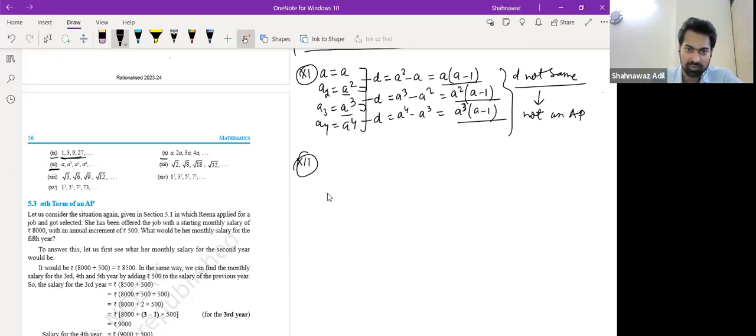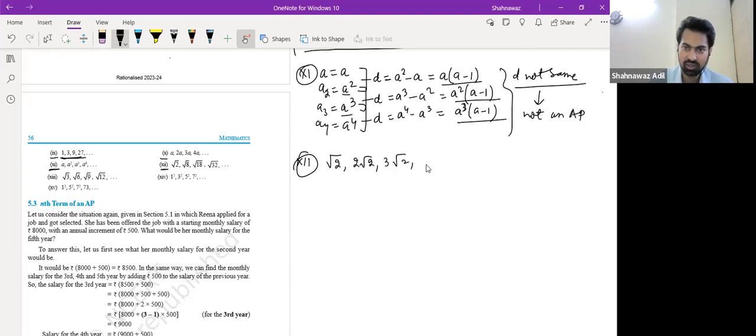Okay, so the 12th one. So this is 2 and this is root 8, so we can write it as 2 root 2. And then this is root 18. So root 18 is how much? 3 root 2.